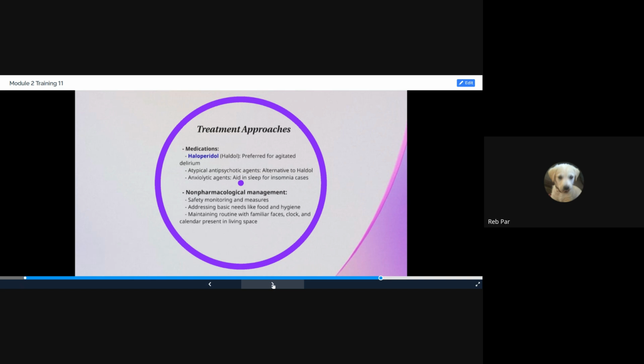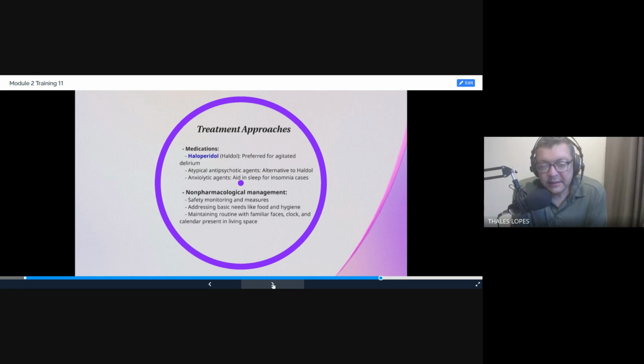How would we treat them? This one is a bit harsh, but if they are confused from delirium and super agitated, haloperidol or Haldol is preferred. We can also use an atypical antipsychotic as an alternative to Haldol.